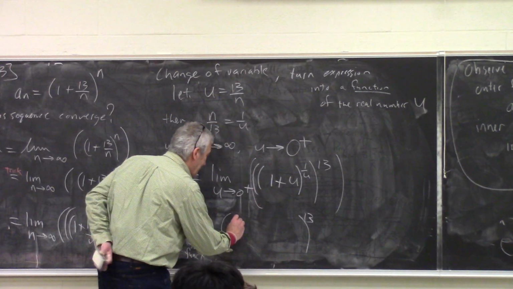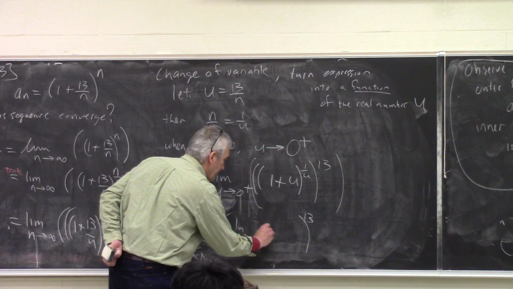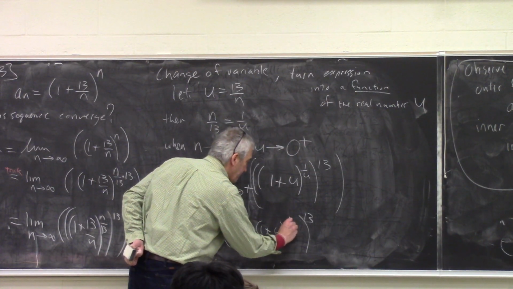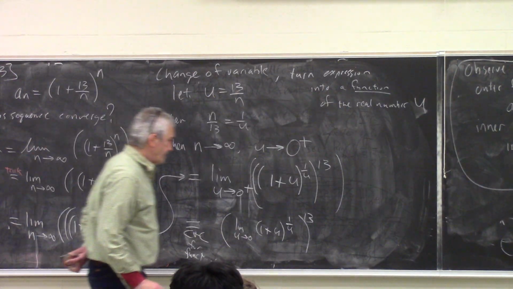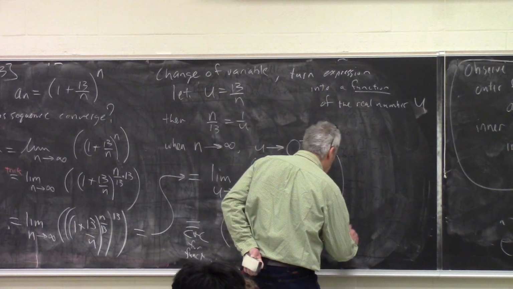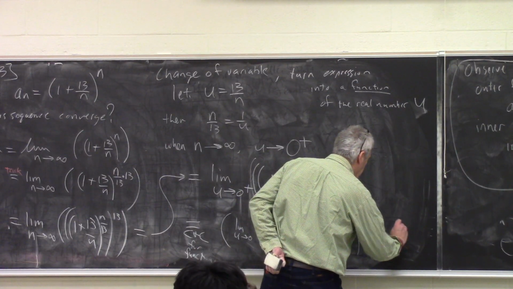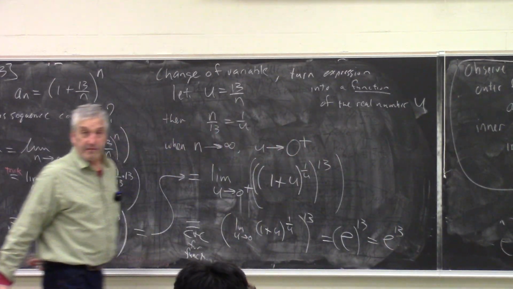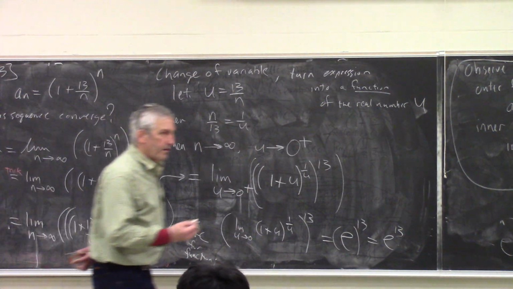The limit as u goes to 0 of (1 plus u) to the 1 over u is the number e. So we get e raised to the 13th power. The sequence converges, and it converges to the number e to the 13th.